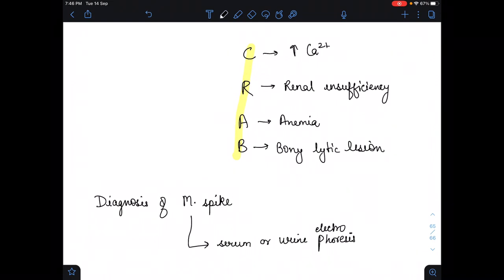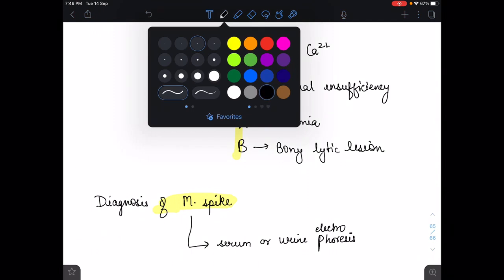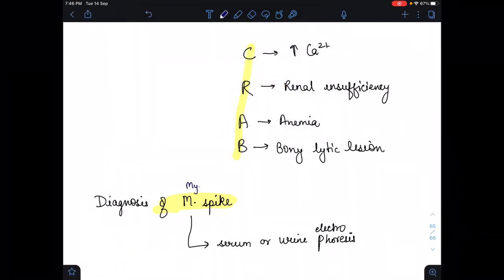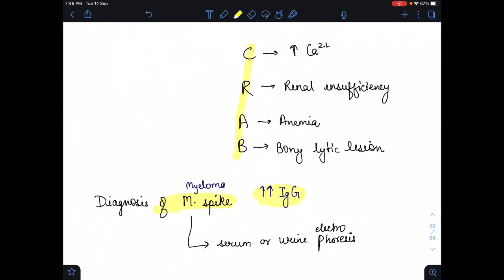M stands for myeloma. Please remember it. In this there is an increase of IgG level. Which immunoglobulin is raised here? IgG level is raised.